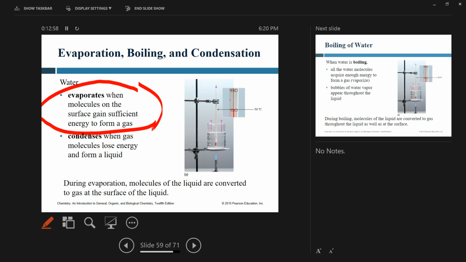Does that make sense? That explains why water at room temperature evaporates much slower than water on a hot kitchen stove. Because when you put water on the hot kitchen stove, energy is delivered to the molecules and molecules are basically flying away. Got it?